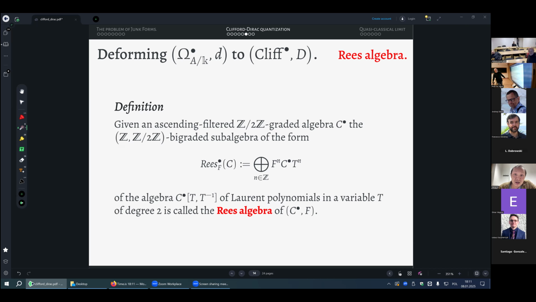Yeah. So this bigrading accounts for two things. First of all, C is Z2 graded itself. Okay? But then we have something coming from this filtration and something coming from this degree 2 of the variable t.